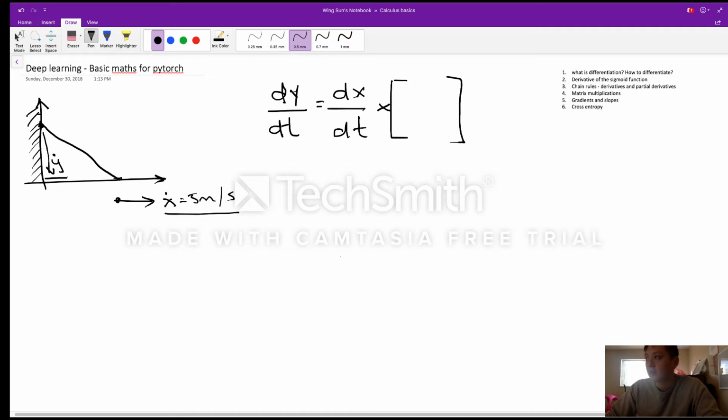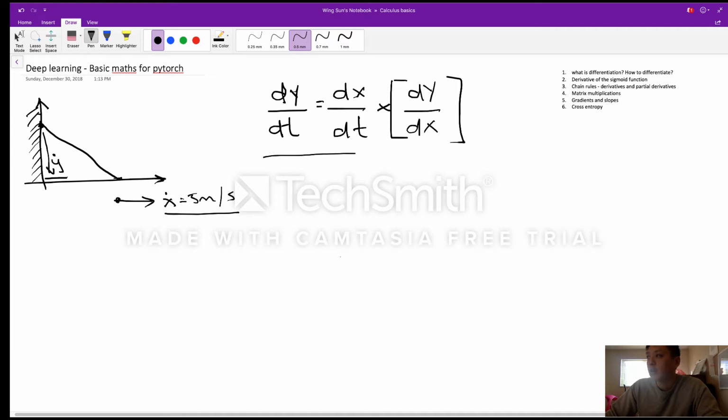Basically, we want to get rid of the x and somehow put a y in there. To do that, you have to multiply by dy over dx.